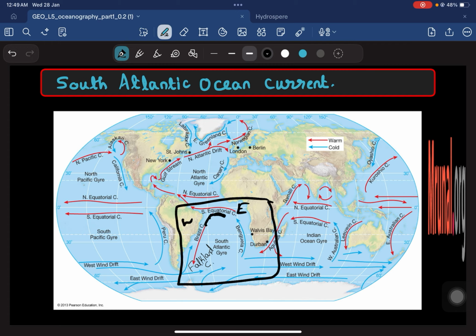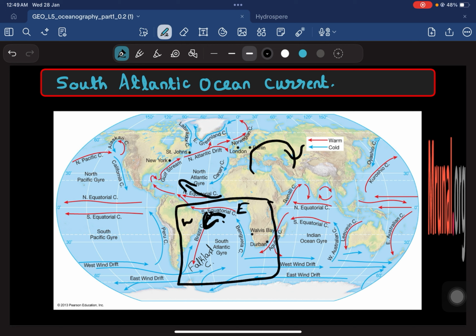Here, currents move anti-clockwise in the southern side because of which effect? Because of the Coriolis effect. But upside here it is clockwise like this. Here below it is anti-clockwise like this.